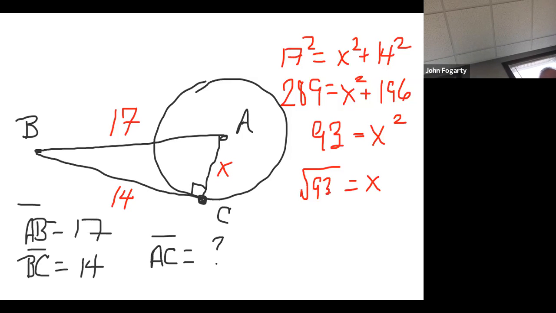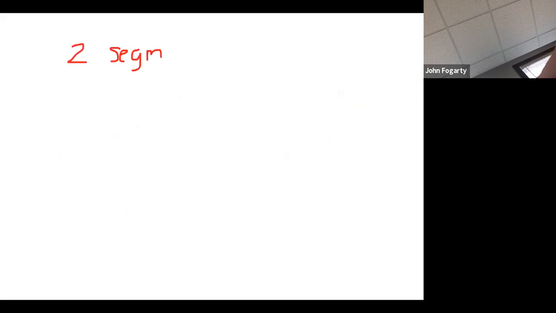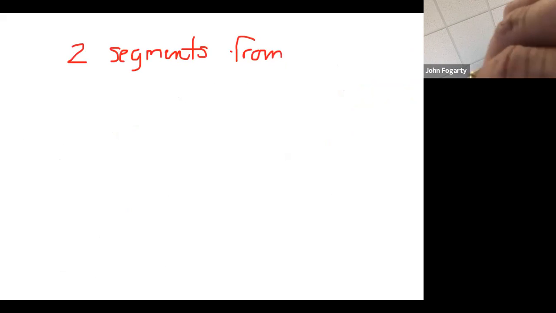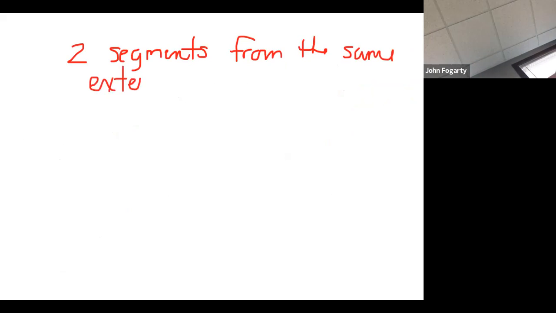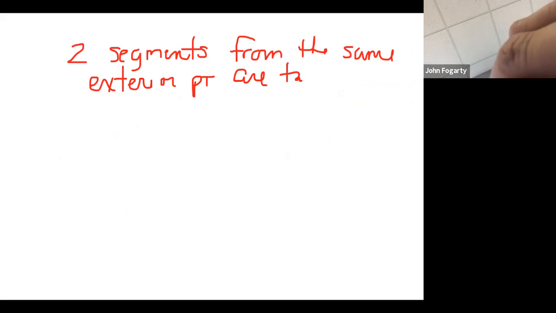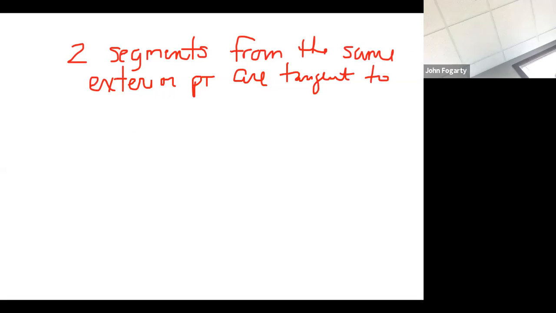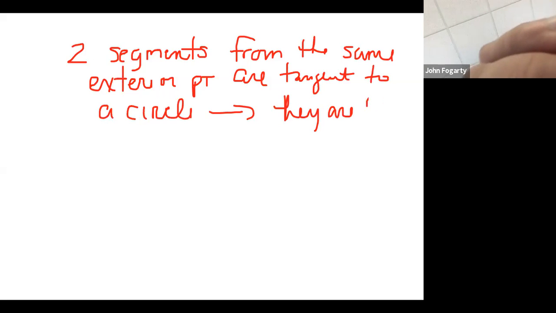All right, now the last thing you need to know for today, ready? Last thing you need to know for today. If two segments from the same exterior point are tangent to a circle, then they are congruent.